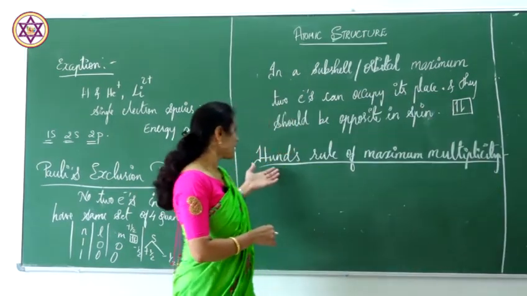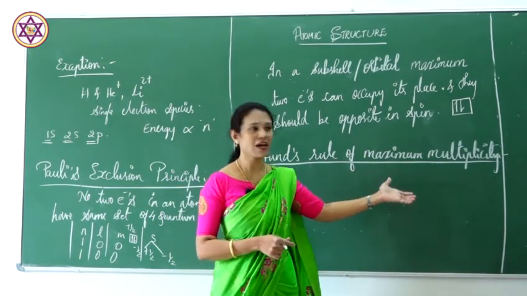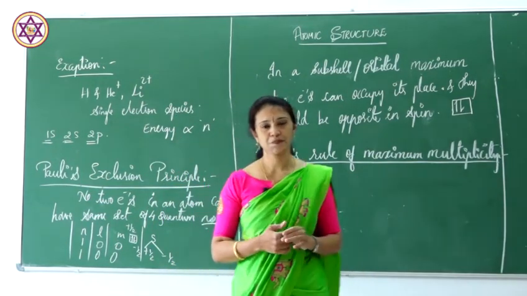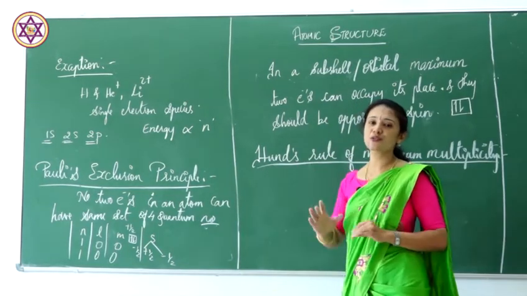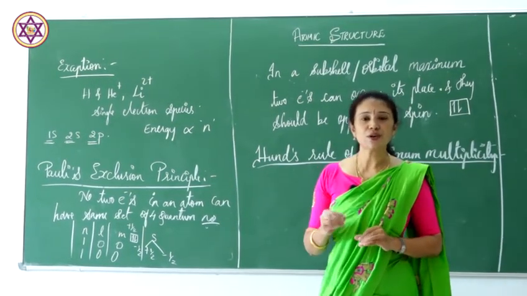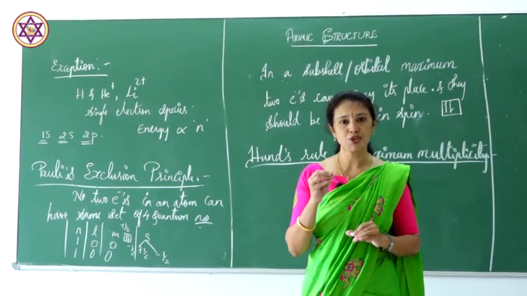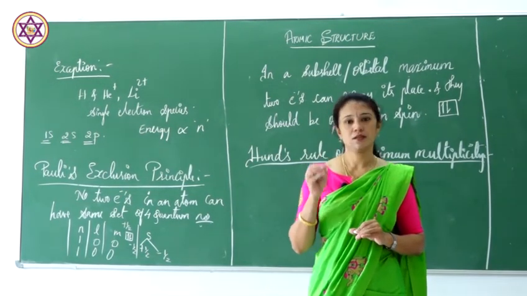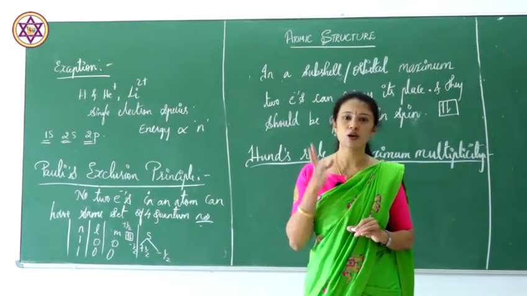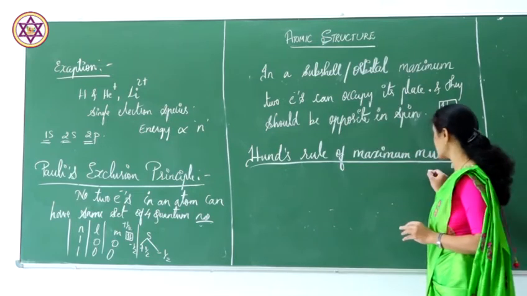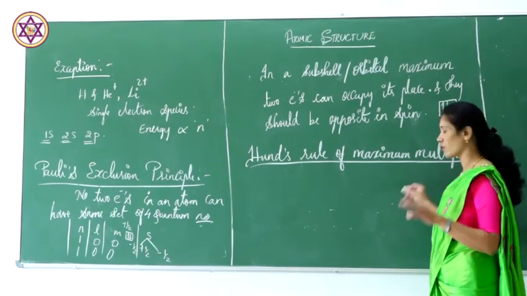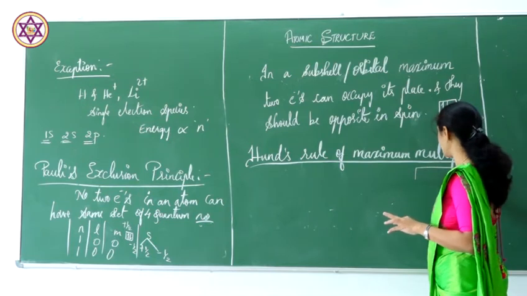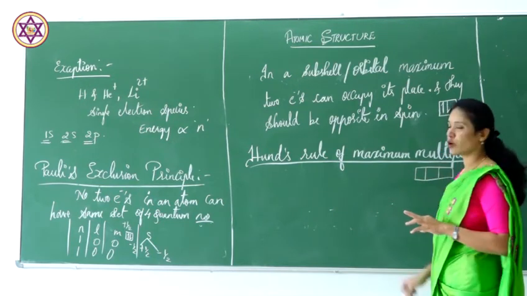Now, Hund's rule of maximum multiplicity. According to Hund's rule, there are different orbitals in a subshell. If I take the s subshell, it is spherical in shape, there is only one orbital. If I take the p subshell, how many degenerate orbitals are there?